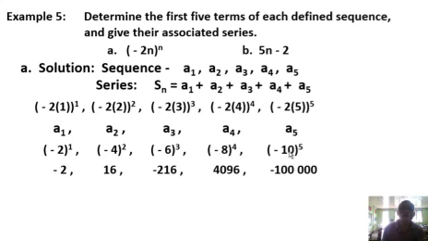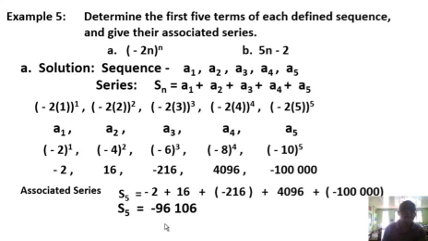Its series, the sum of the first 5 terms is negative 2 plus 16 plus negative 216 up to negative 100,000. The sum is equal to negative 96,106.